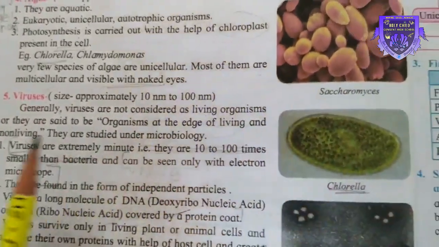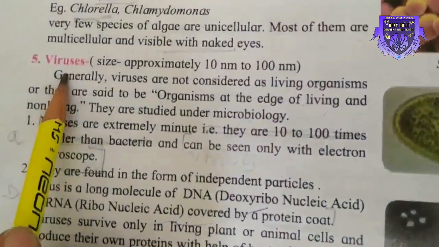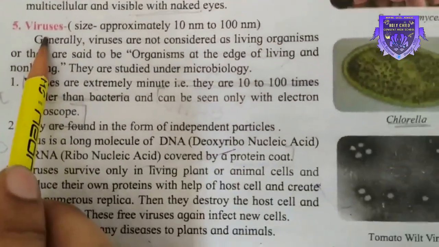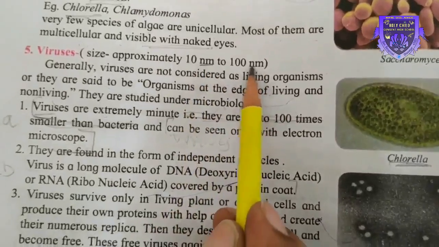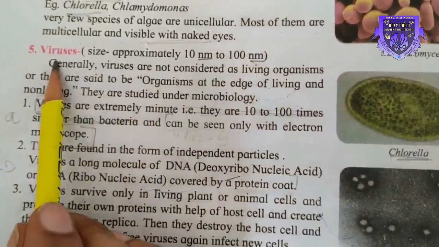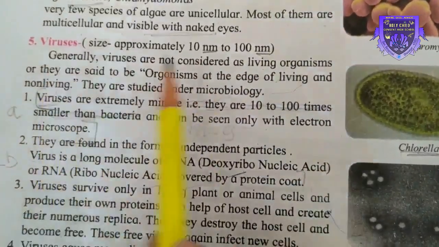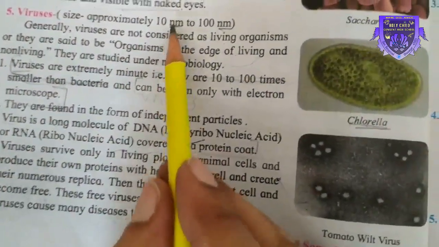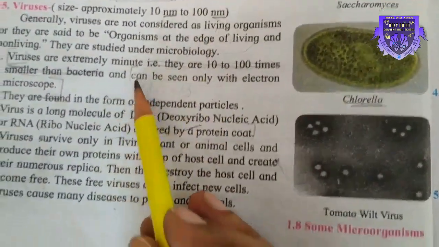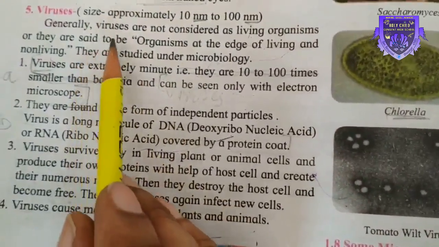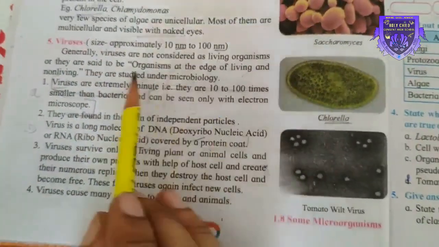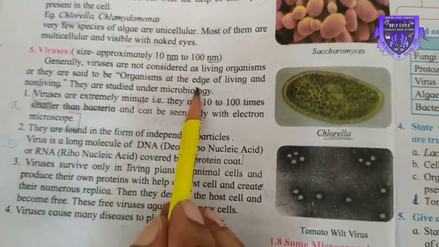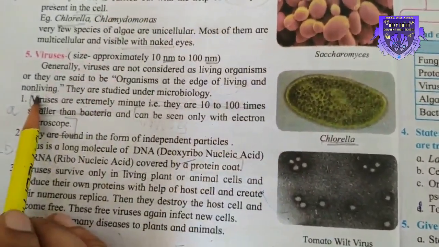Finally, now we shall study viruses. They are very small in size, so they are measured in nanometers, and the size of a virus is between 10 nanometers to 100 nanometers. Usually viruses are not considered as living organisms. They are considered on the edge of living and non-living things.